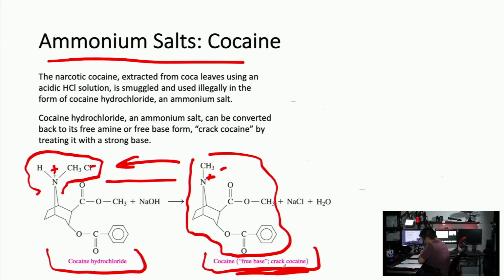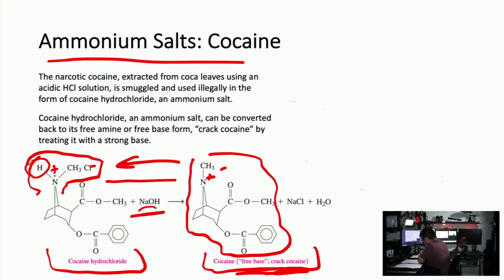So if you wanted to turn cocaine hydrochloride to crack cocaine, all you would have to do is treat it with some sodium hydroxide, and what you get left over is this hydroxide here, right? Taking off this proton.